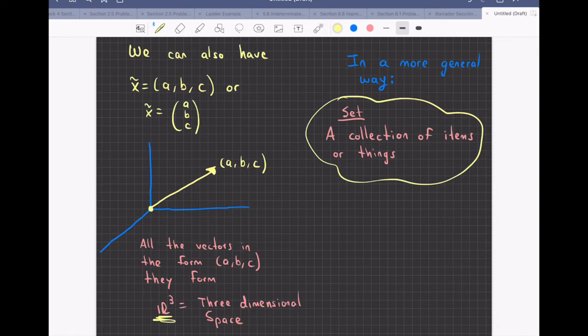Well, in this case, Rn is the set of all the vectors or elements such that they have the form x1, x2, and so on up to xn, where x1, x2, and so on are real numbers.